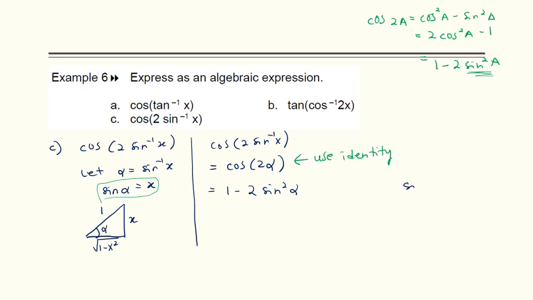Okay, we have sin alpha equal to x. So sin square alpha equal to x square. Right? So substitute, 1 minus 2 x square. So is equal to 1 minus 2x square. Itu je, senang kan? Right? Okay. Okay, next.